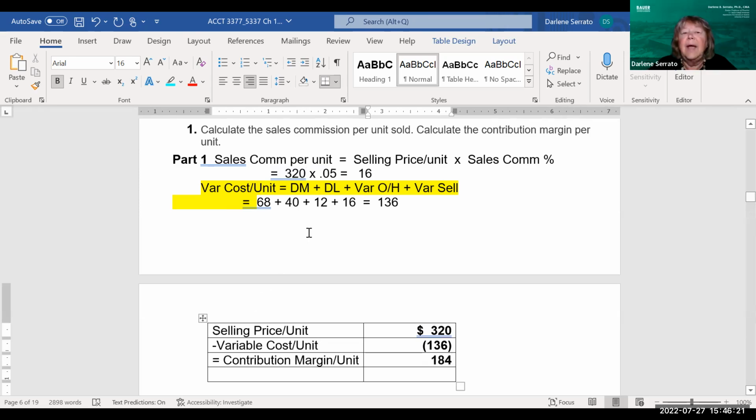Now, whenever I can in working problems, I'm going to write out the costs that are part of variable cost per unit to keep reminding you to add direct materials and direct labor. Direct materials and direct labor are variable cost. Students leave those off when they're working problems because they don't have the word variable in front of it. So be very, very careful when you are working problems that you know there are 4 possible variable costs.